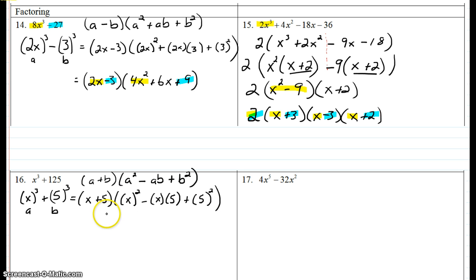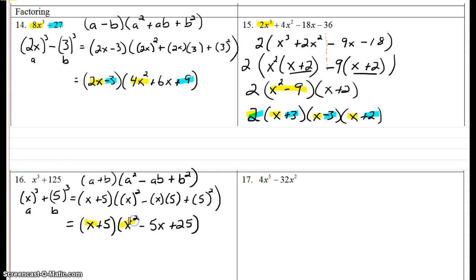This is a step you could probably do in your head, but I'm just writing it out for the video. So we get x plus 5, x squared minus 5x plus 25. Do your quick check.